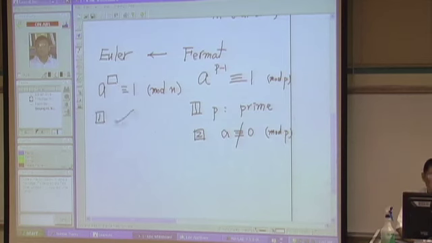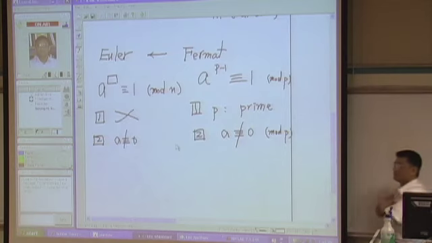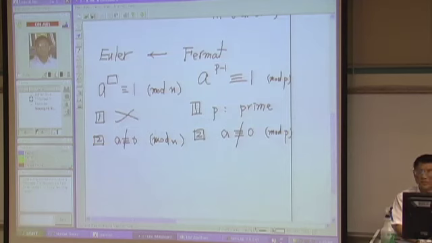First condition is gone because n is a general number, not just prime. Second is the same because if a is 0, no matter how many times you multiply, a to the power of something cannot be 1 because it's 0, right? So the second condition is still required. In other words, instead of these conditions, we need just one condition, right?